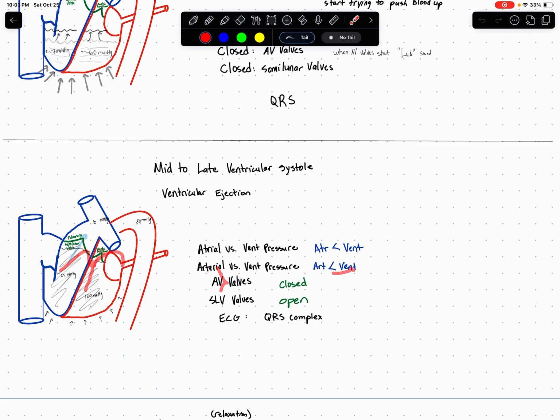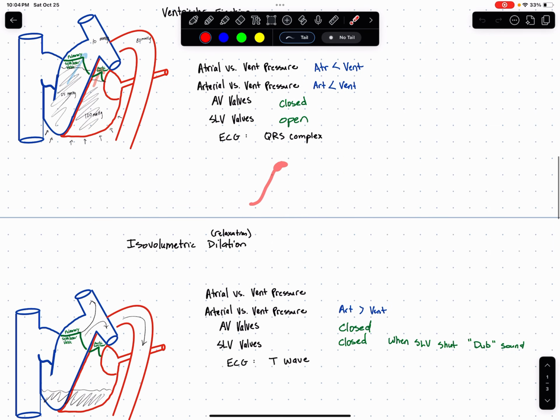Okay, all our valves close, and then we're trying to send this blood through the body now. When the semilunar valves shut, that's the dub sound. So the lub dub sound. That is the cardiac cycle. That's how you're pushing the blood through. This is what the actual heart is doing.